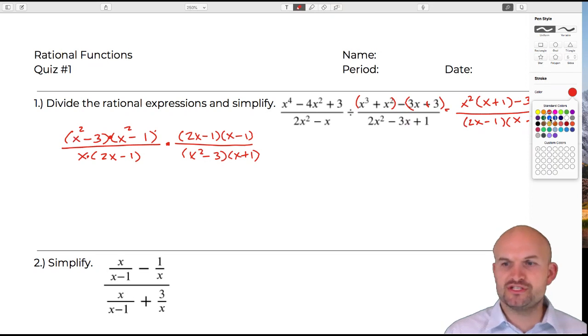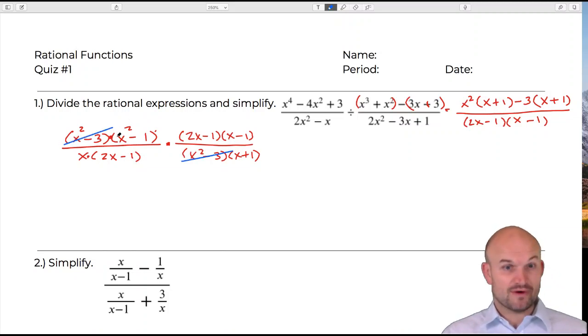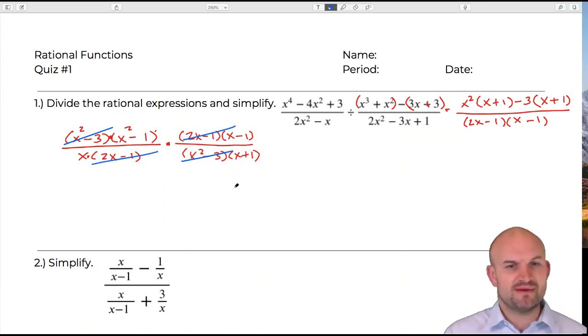I'm just going to use blue so you guys can see what's being divided out. So in this case, you can see that the x squared minus 3 and the x squared minus 3 divide out, right? The quantities are separated by multiplication, and one's in the numerator, one's in the denominator. The 2x minus 1 and the 2x minus 1 as well. But what we notice here is x squared minus 1 can actually be factored one more time: 2x minus 1 times x plus 1.